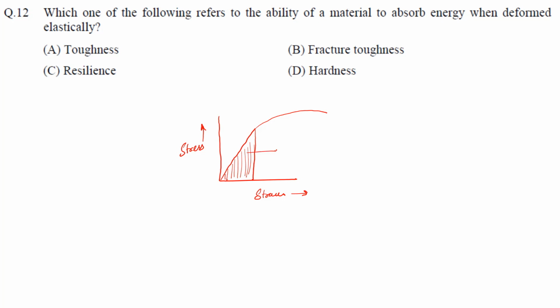So this is called resilience. When we calculate the area of the complete graph up to the fracture, then this is called toughness. So here the answer will be resilience.